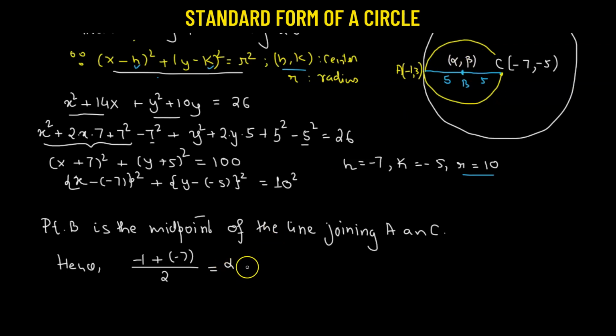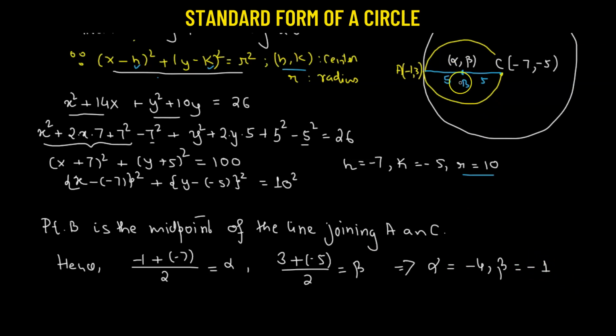So this is going to be the value of alpha, and then we add the y coordinates, so that's 3 added to -5, and we divide by 2, that's going to give us the value for beta. So on solving this, we get the values of alpha and beta. Alpha comes out to be negative 8 over 2, which is negative 4, and beta is 3 minus 5, that's negative 2, negative 2 over 2, that's negative 1.